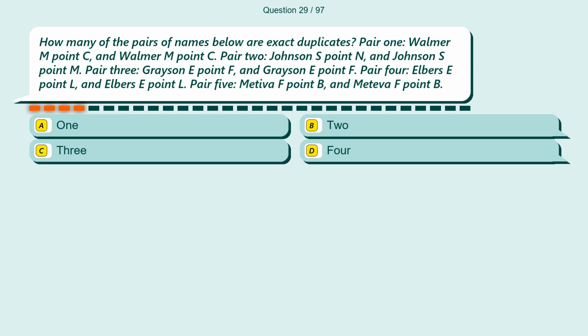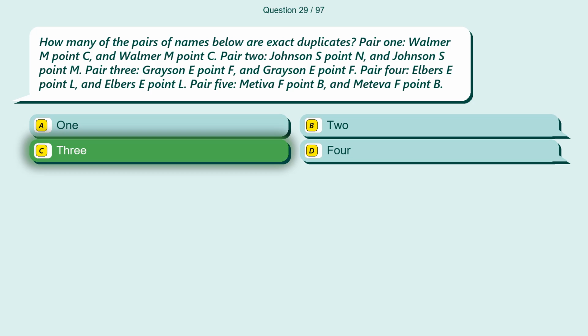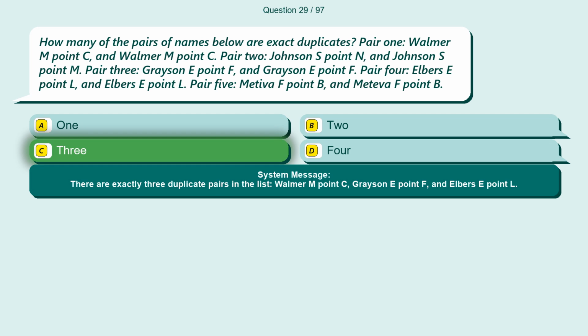Option B, 2. Option C, 3. Option D, 4. The correct answer is option C, 3. There are exactly 3 duplicate pairs in the list: Walmer M.C., Grayson E.F., and Elbiers E.L.